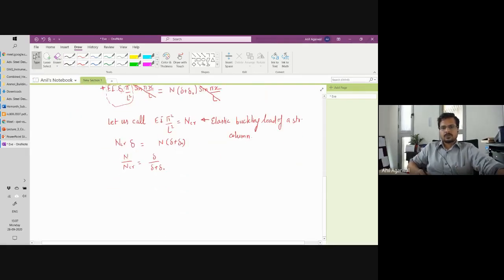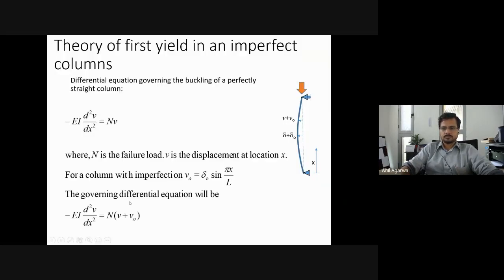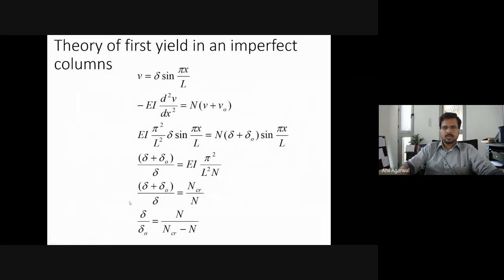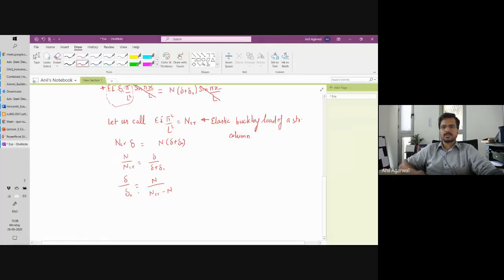Or if you want to solve it further, what you get is delta divided by delta naught, I think, is equal to N divided by N critical minus N. Let me check once. Yeah, delta divided by delta naught is equal to N divided by N critical minus N.